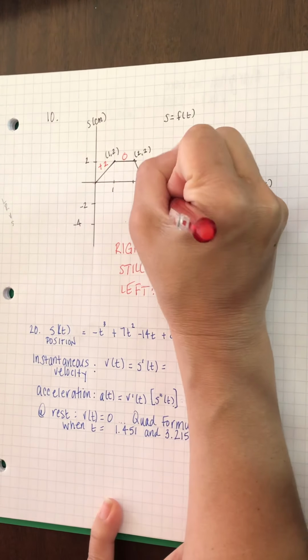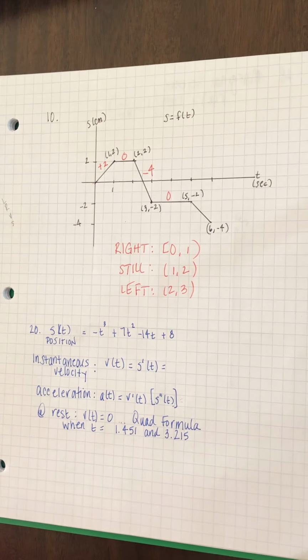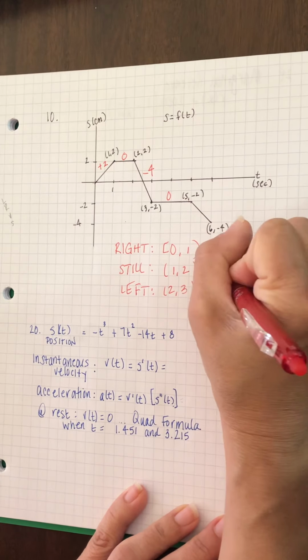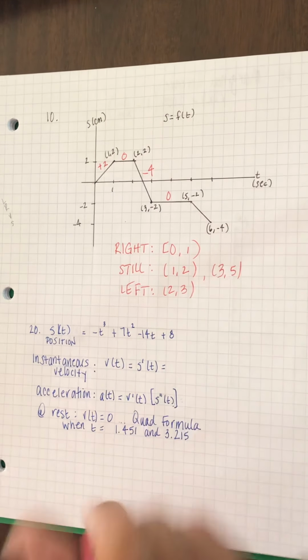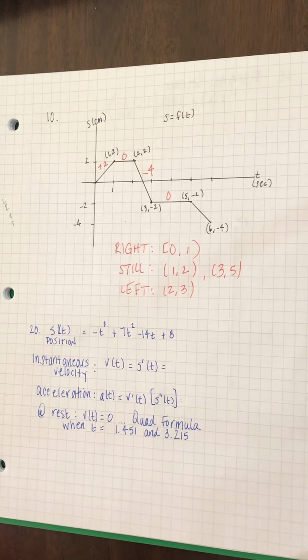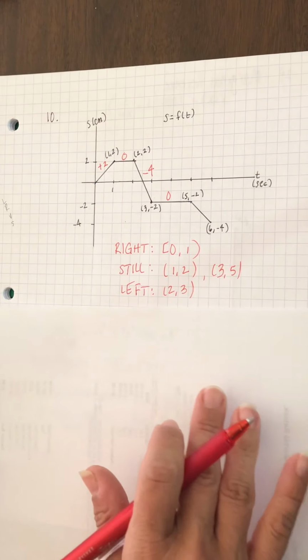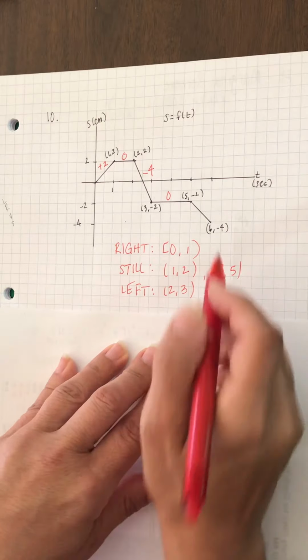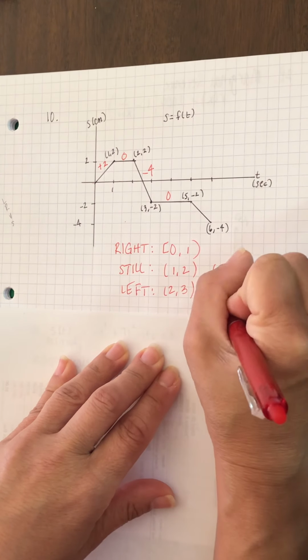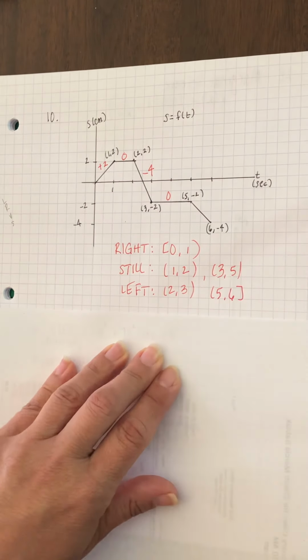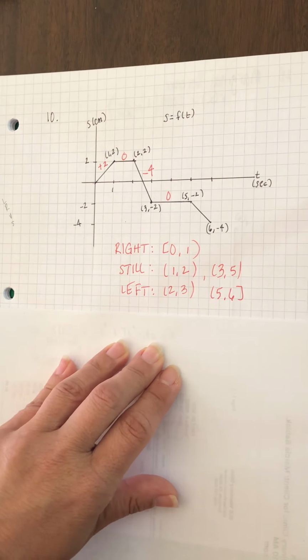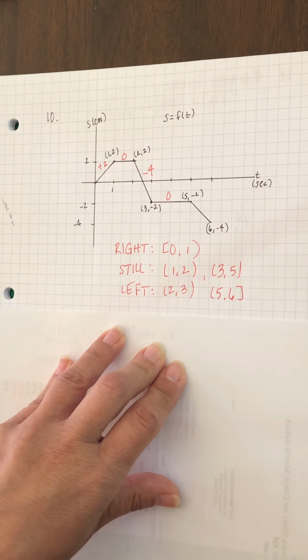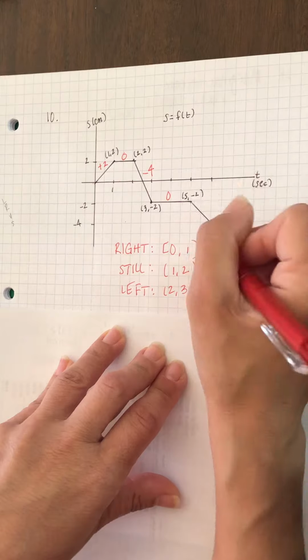And then from 3 to 5, the particle is standing still. And then from 5 to 6, 6 is included, it's moving left because the slope is negative, and that is going to be -.